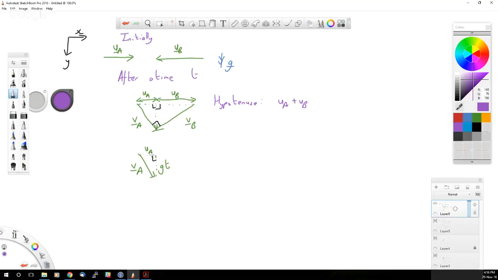And so from these, the individual ones, we can get VA squared and VB squared from thinking about individual vectors. And then we can put that back into here and then solve for our t.